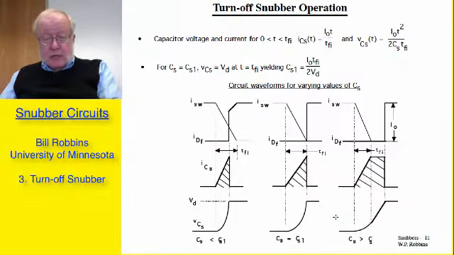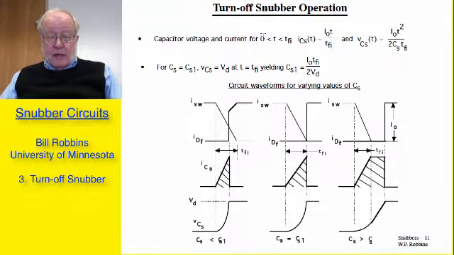Under those conditions, we can easily derive what the capacitor voltage and current are during the current fall time. Capacitor current is increasing linearly as a function of time. The capacitor voltage is decreasing according to the square of the time during the time interval 0 to T sub FI.